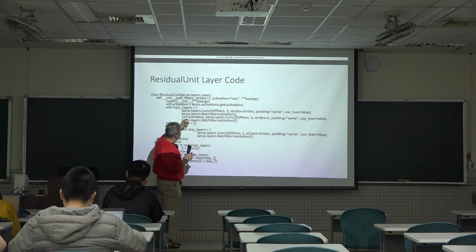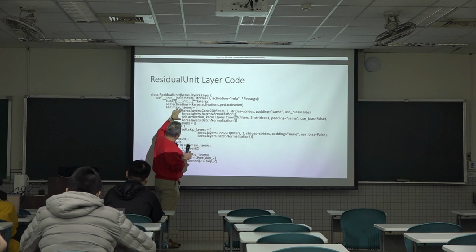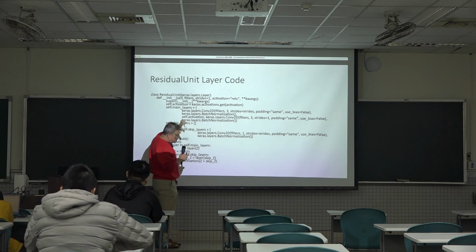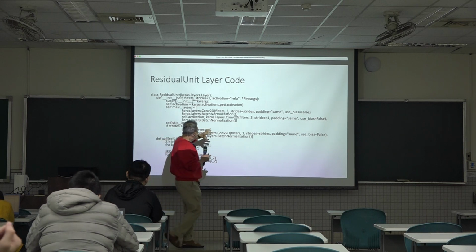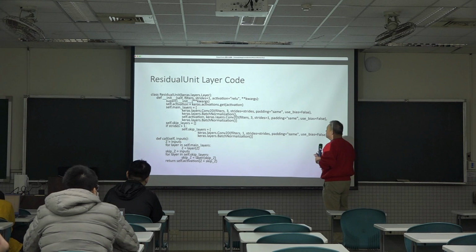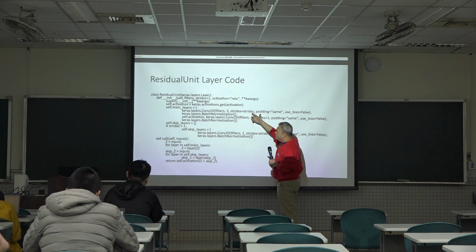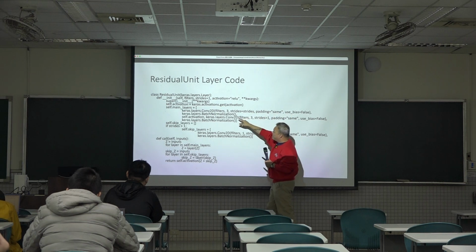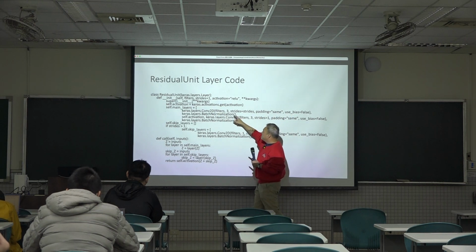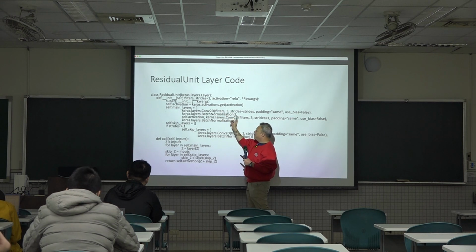Then we have another convolutional layer and batch normalization. For most of the residual units, the size of the feature map stays the same, the stride is 1, with padding, and the kernel is 3. As for how many feature maps, we will use it as a parameter.